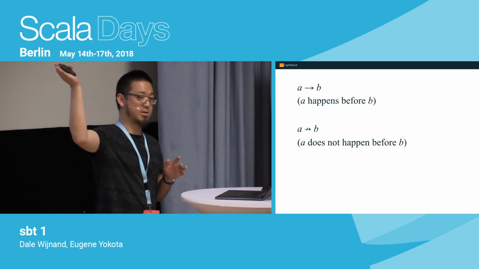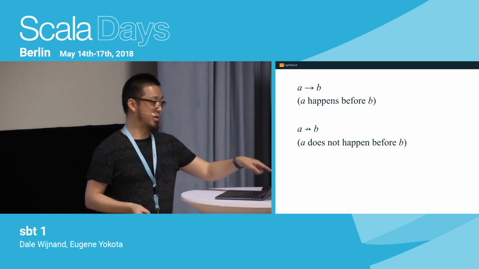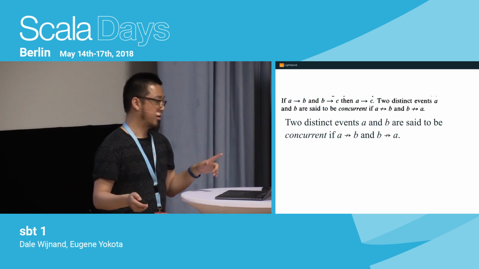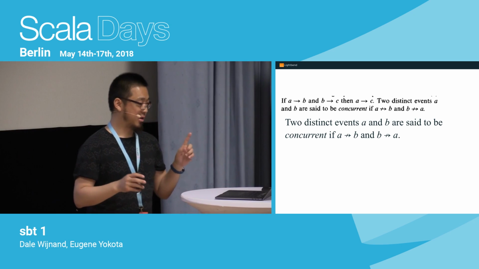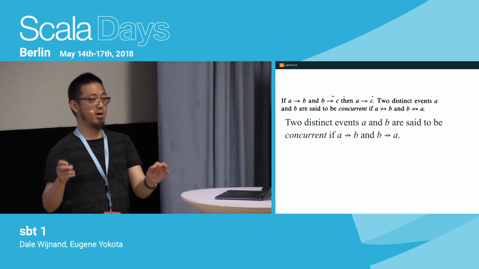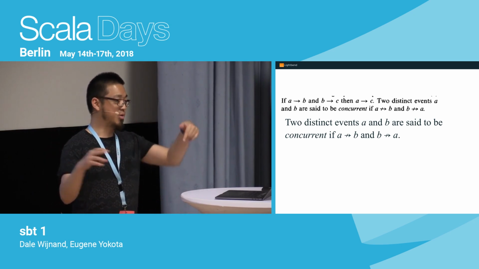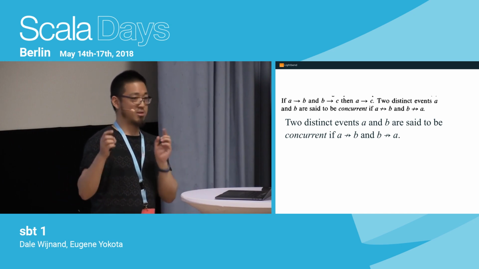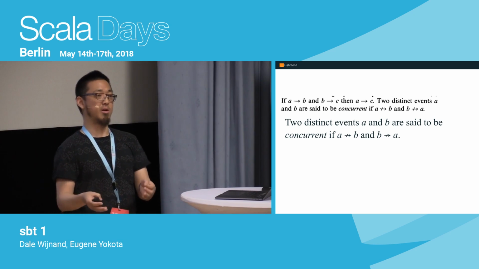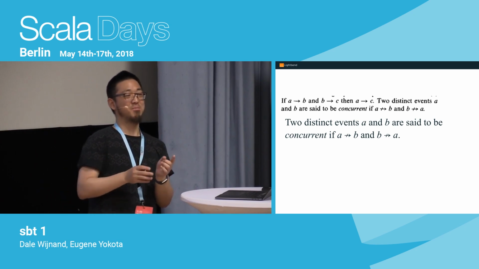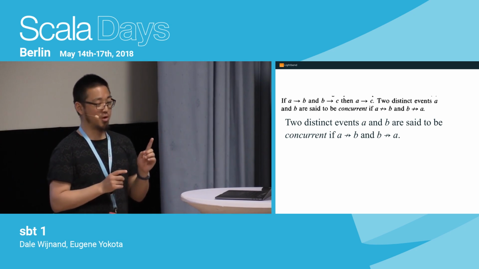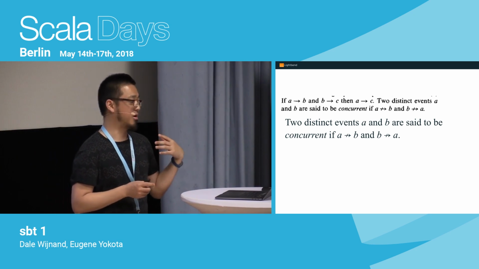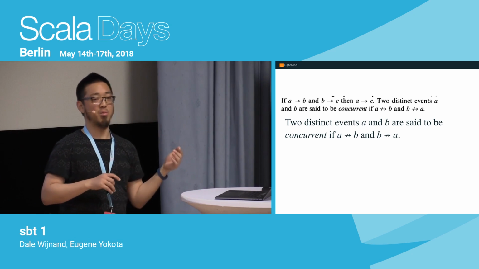And you have this slash, that means that A did not happen before B, right? What's interesting is that if event A and event B have a mutual "didn't happen before" relationship, that's the definition of concurrent. Maybe people are a little confused, but think of it like this: it's sunny today and someone is wearing black.